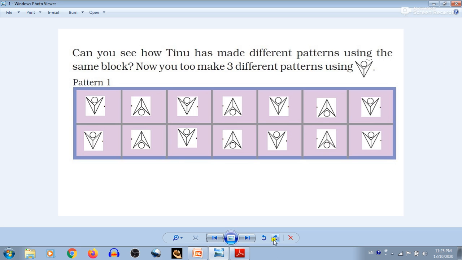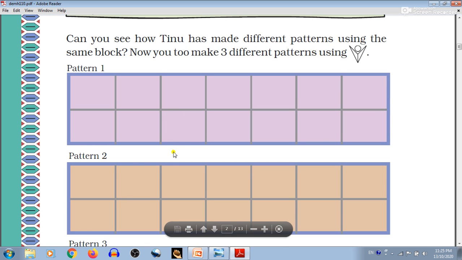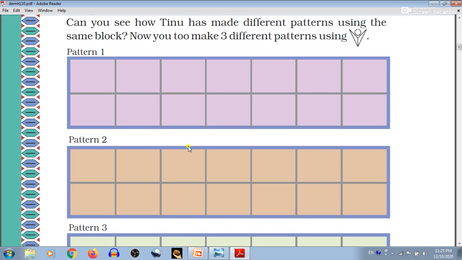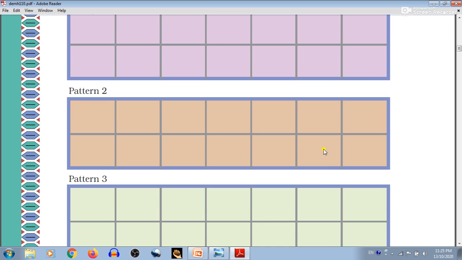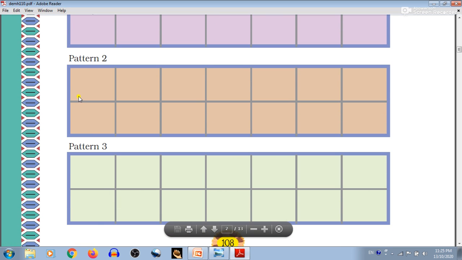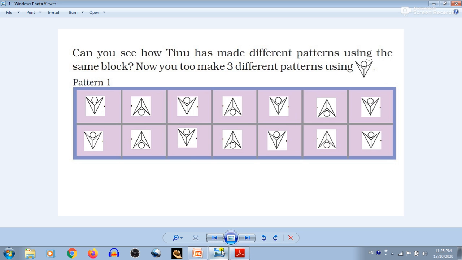So you also have to make your own patterns using this block here. You have to draw your own patterns. One thing about this pattern I want to tell you: this is a repeating pattern.